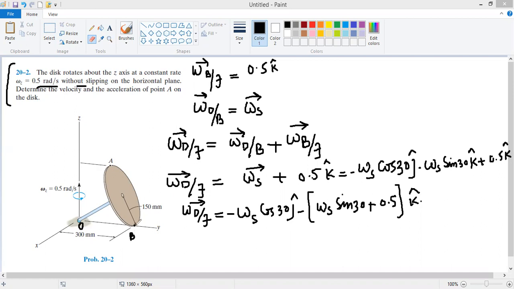Let me write the velocity of point B with respect to the velocity of point O on the ground.